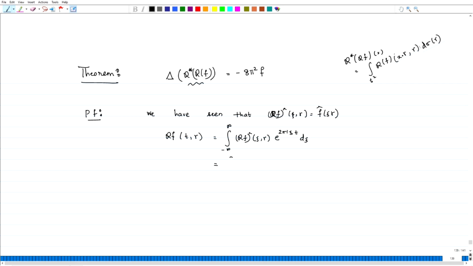This we can write as the integral from minus infinity to infinity of f hat of xi gamma e to the power 2 pi i xi t d xi. This is our Rf.